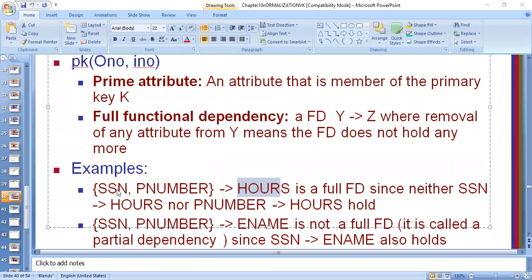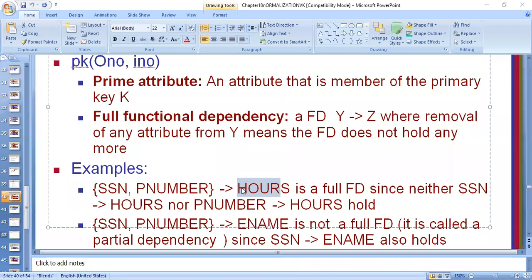If you just take SSN, there may be multiple hours related to one SSN. When an employee is working on multiple projects, for each project he may have a different number of hours, so with only SSN we will not be able to show a unique value for hours.